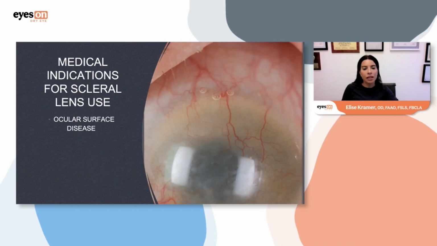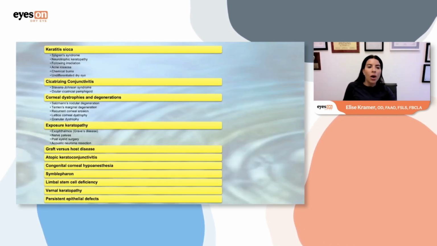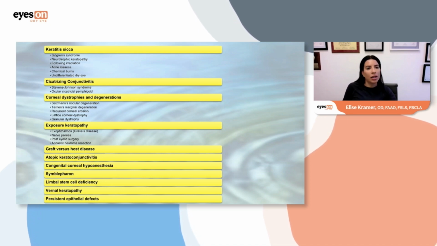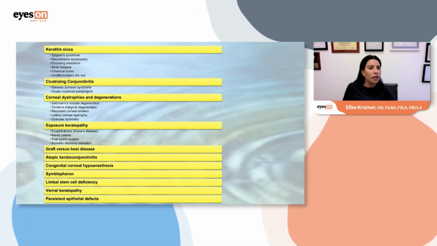What are medical indications for scleral lenses? We can see there's actually 62 different indications for scleral lenses. But if we talk about medical indications, we're talking about dry eye, whether it's caused by Sjogren's syndrome, neurotrophic keratopathy, rosacea, chemical burns, or undifferentiated dry eye.